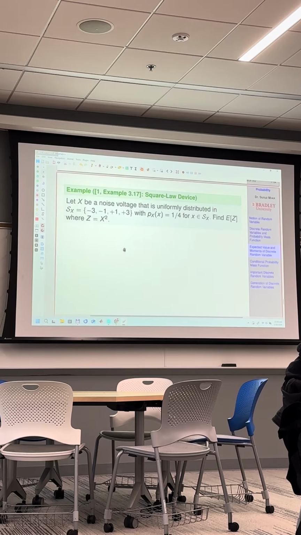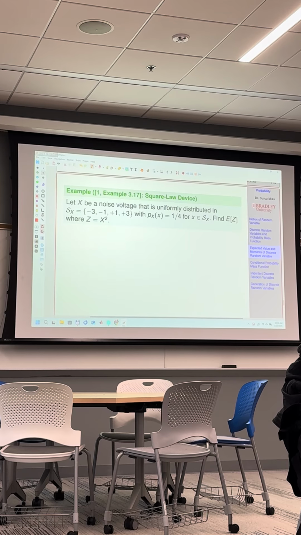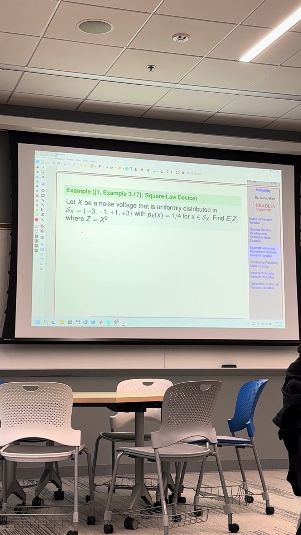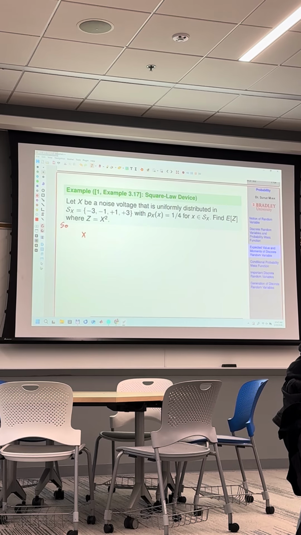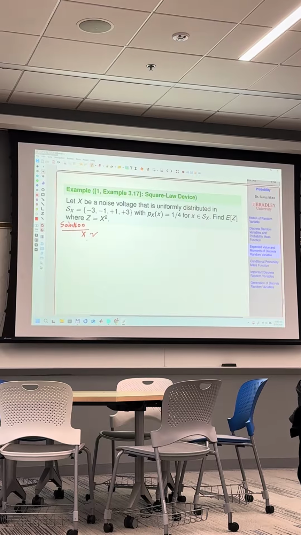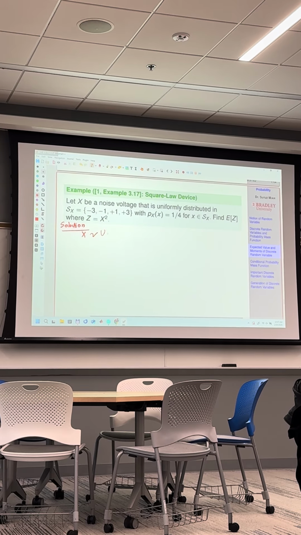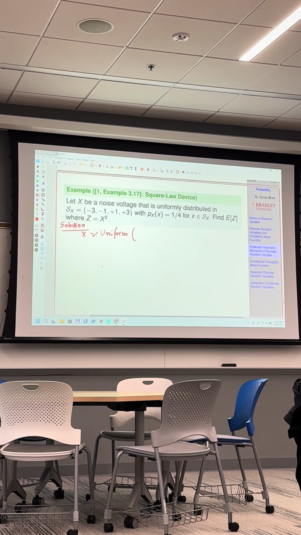In this example, X is a noise voltage that is uniformly distributed. Now for the solution, you know what type of random variable X is: a uniform random variable, which takes an upper limit and a lower limit.